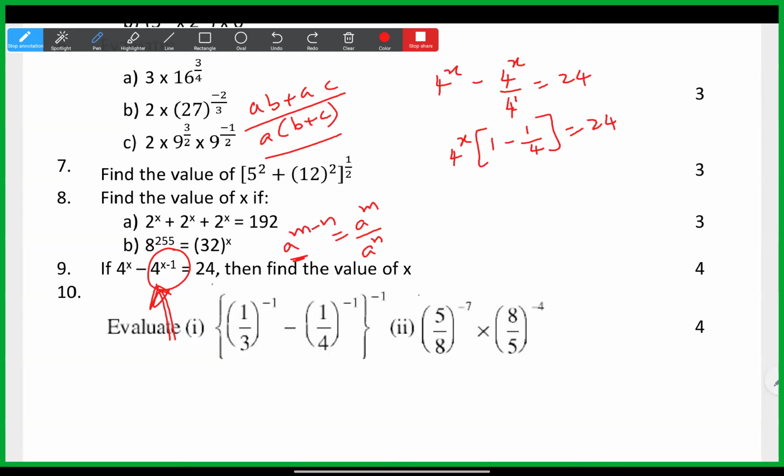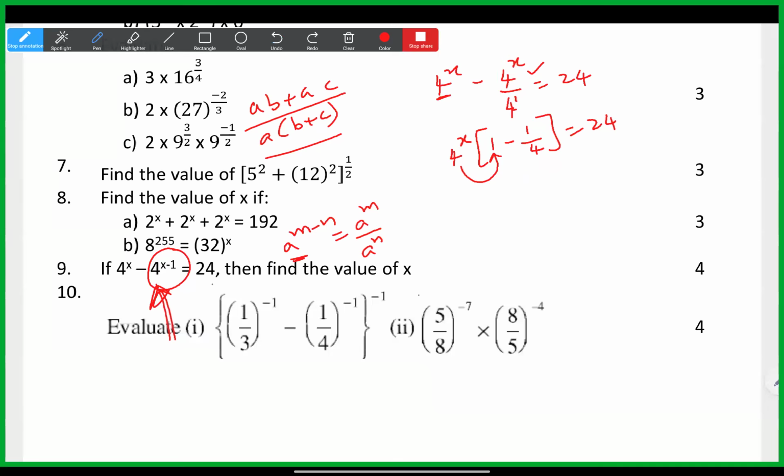I just took out the common thing, 4 power x, which is there here also and here also. So if I take that out, 4 power x into 1 is 4 power x, and 4 power x into this one also is 4 power x by 4.